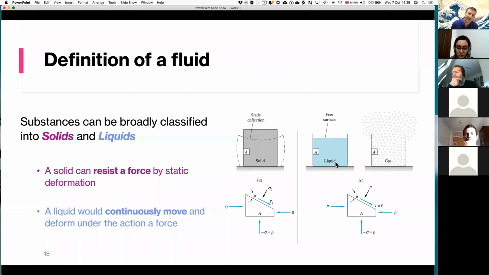In contrast, you apply a force to a fluid, and it will continuously move. And in fact, the only way that it can resist this force is if you are able to provide it with some external pressure, so some kind of walls around the side. And without that, it will continuously fail, continuously move around and deform under the application of a force.